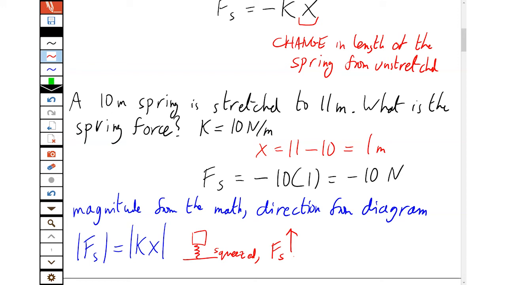I mean, you could do it, but it's not an effort you need unless you're building a computer program to do all of these steps for you 100 times. We only need to do this a few times. So if we get magnitude from the math and direction from the diagram, we'll find we get the answer very neatly. And honestly, diagrams are extremely useful for all this stuff anyway.